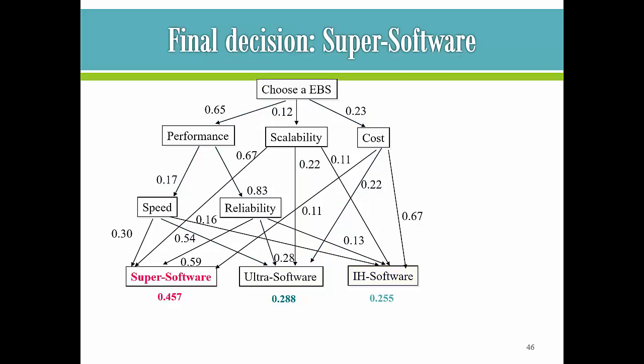Then, which one should we select? We will select the super software because the relative priority is the highest amongst the 3 of them. The value 0.457 is highest. Why do we choose the highest priority?